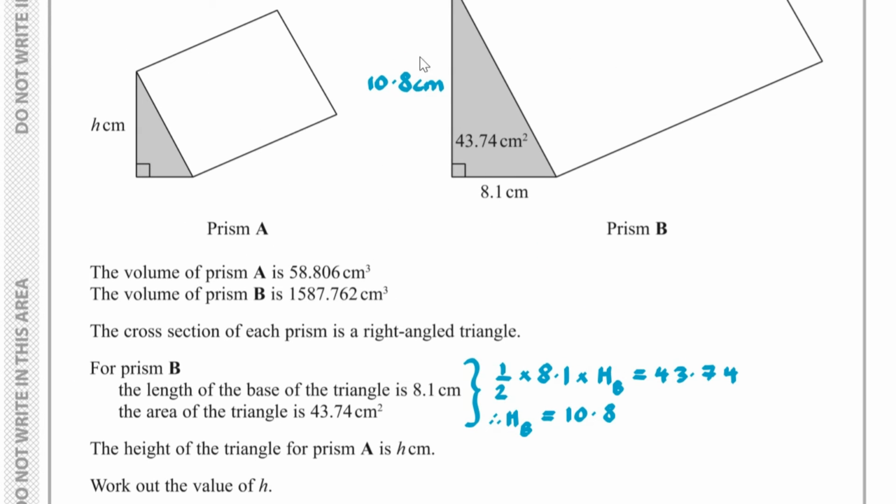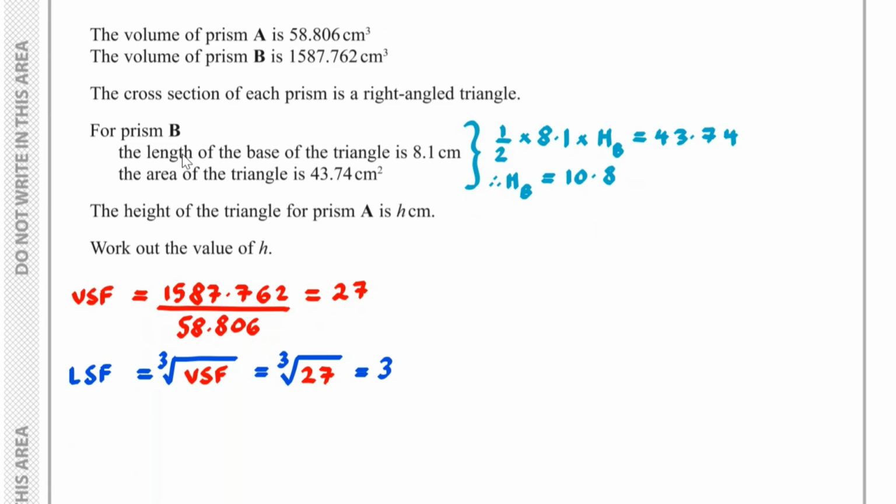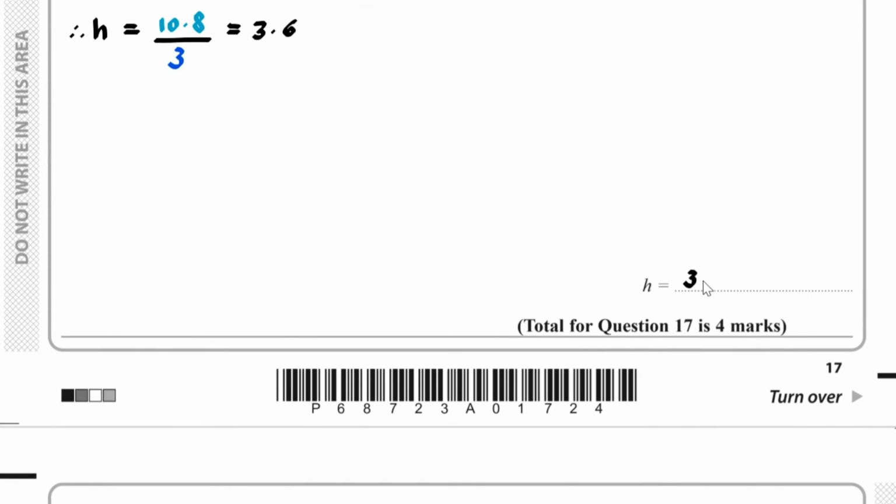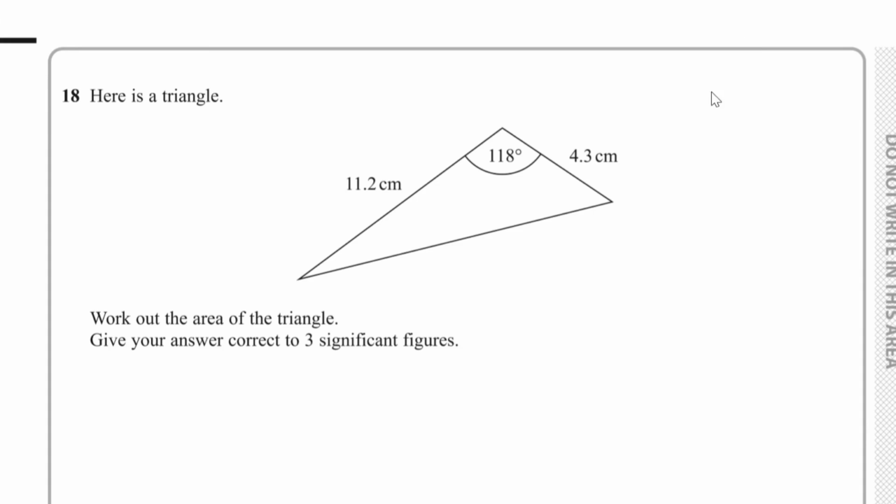So now what we need to do to find out what h is, h is equal to 10.8 divided by 3, and it turns out h is equal to 3.6.